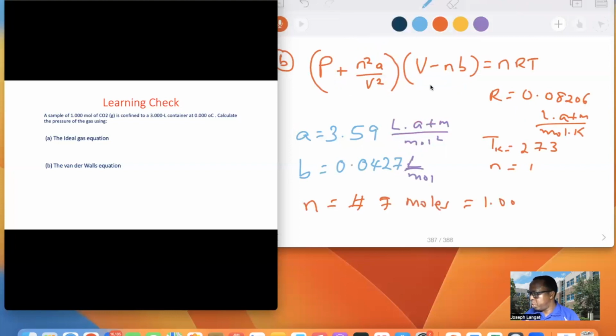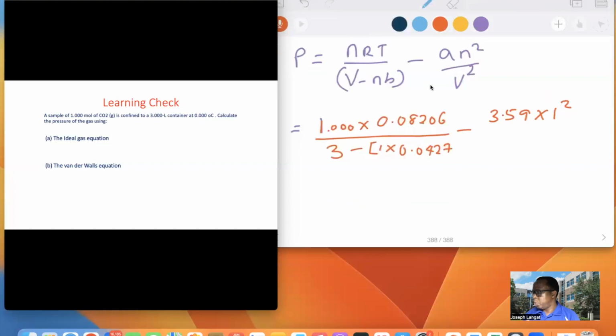We have 1.00 mole of CO2. That's why I'm squaring 1 there, over volume, which is 3 squared. Once you set up everything and plug into the calculator, you get 7.18 atmospheres.